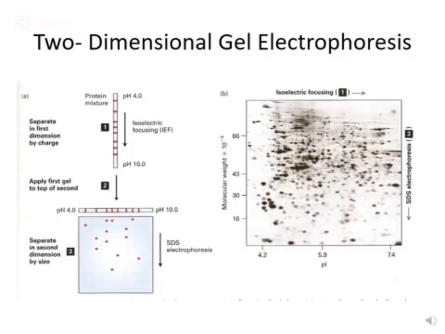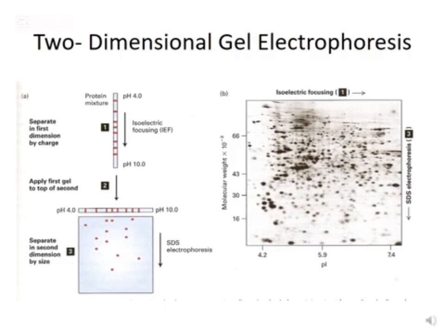Here we can better explain two-dimensional gel electrophoresis. So as I just mentioned earlier, the first dimension is isoelectric focusing. Isoelectric focusing takes place when we present ampholytes to make up a pH gradient to which the protein mixture is added.